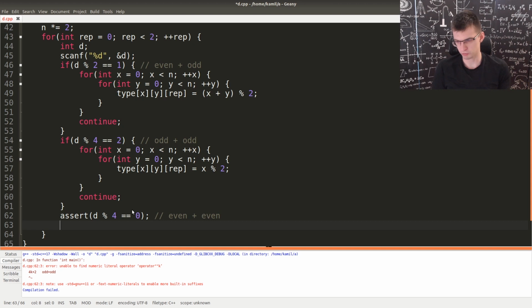What do we do with the grid? This is a positive number, so we cannot always do that. I go recursively, n will become this. Okay.